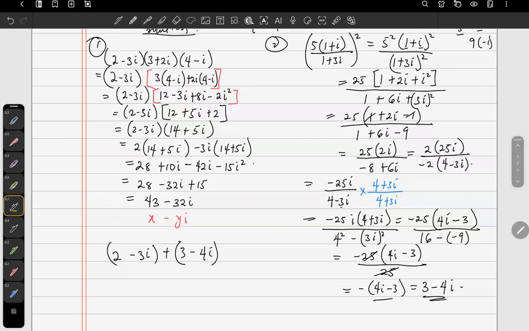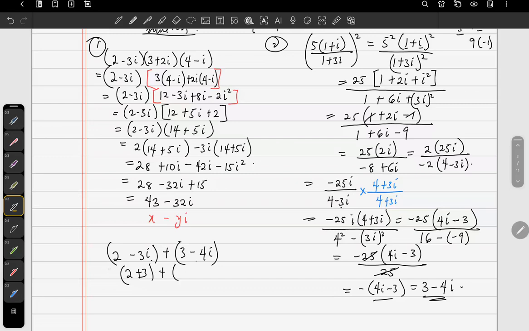It's just like we do with either surds or normal algebraic expressions that involve x and y. You add the real parts together and you also add the imaginary parts together. The real part of the first complex number is 2, and the real part of the second complex number is 3, so we do 2 plus 3.